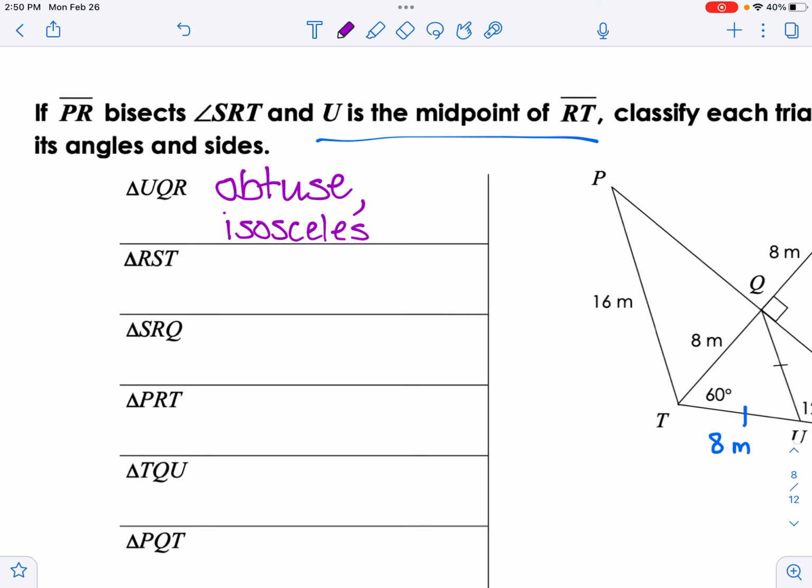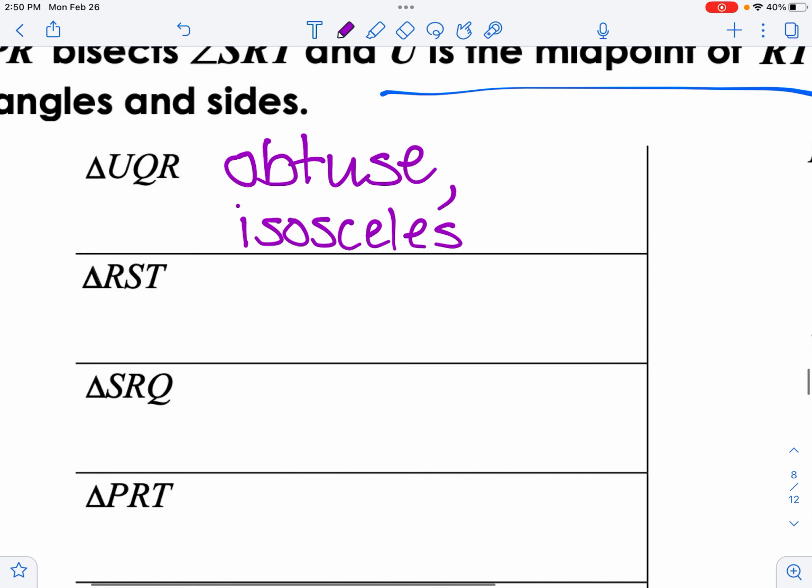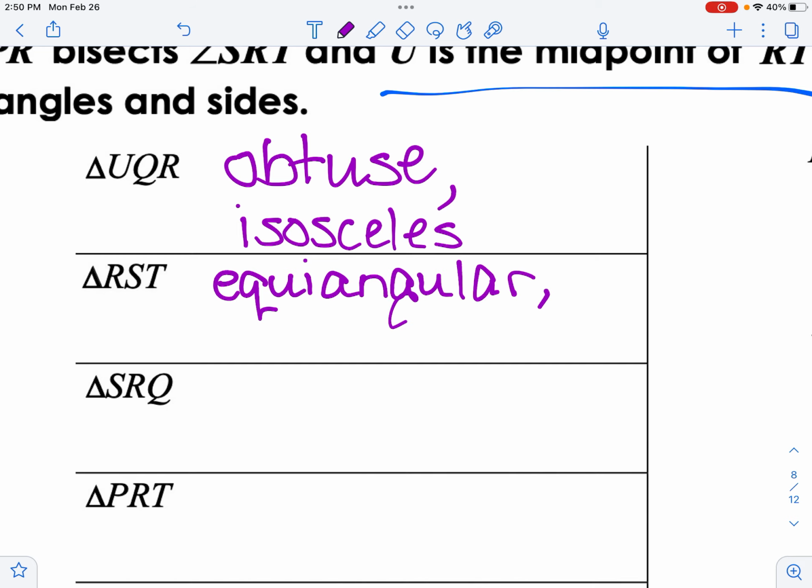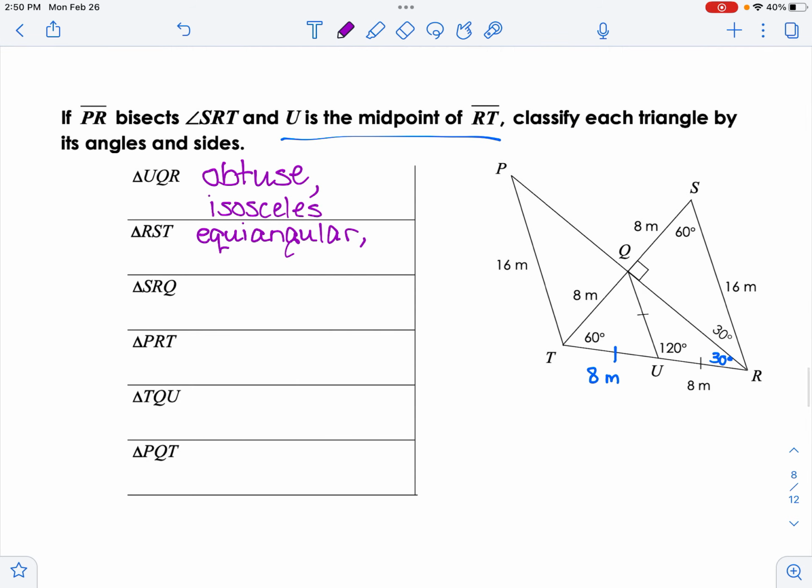So this must be equiangular. Okay. How about sides? Well, this side is 16. This is also 16 because 8 plus 8. And this is also 16, 8 plus 8 again. So that's equilateral.